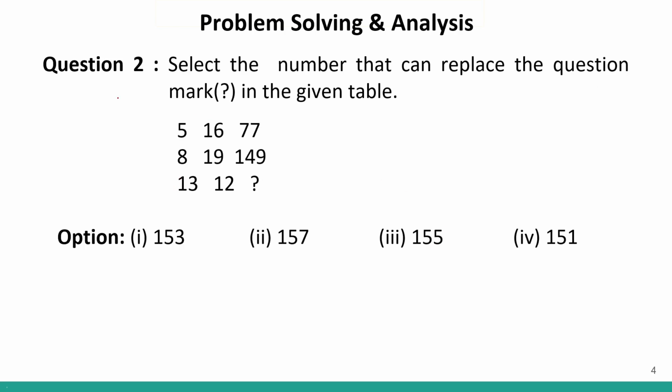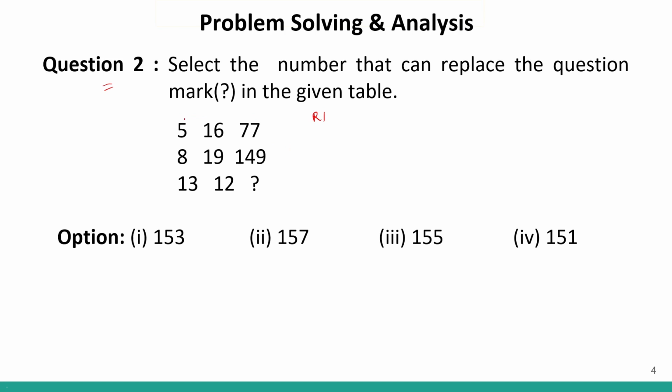Now let us move on to question number 2. Again, in this question, I can see that certain operations are probably being done on these two elements to get to this element, because this element and this element are significantly bigger than these two elements. Correct? So that means that my pattern is going in this direction. Okay, so let us start with row 1.